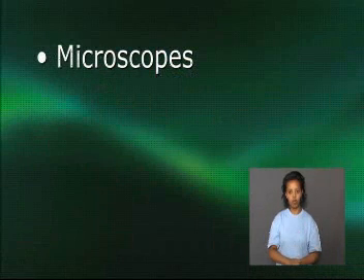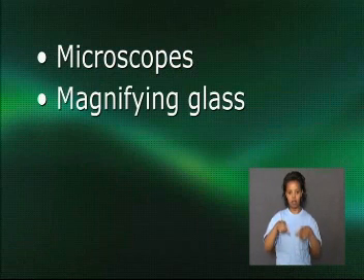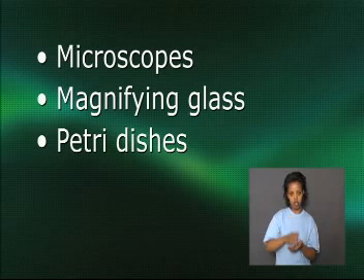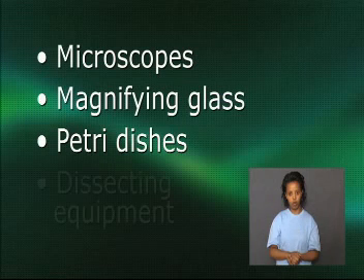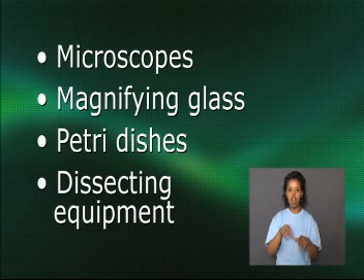You may have listed a microscope or a magnifying glass, or perhaps you said petri dishes because they allow biologists to view bacteria or other microorganisms. You may have also said any item from the dissecting kit. All of the items function to remove the overlaying structures of a specimen to view specific structures closer.